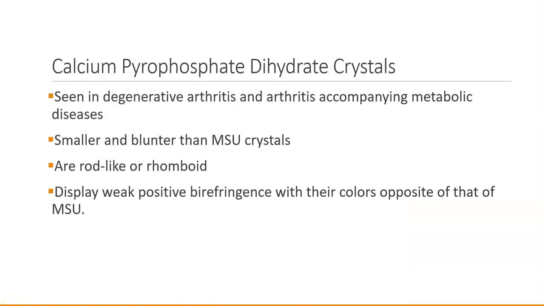I want you to know that calcium pyrophosphate dihydrate crystals are seen in degenerative arthritis and arthritis accompanying metabolic disease. These crystals are smaller and blunter than monosodium urate crystals. They are rod-like or rhomboid, and they display weak positive birefringence with their colors opposite of that of monosodium urate crystals.